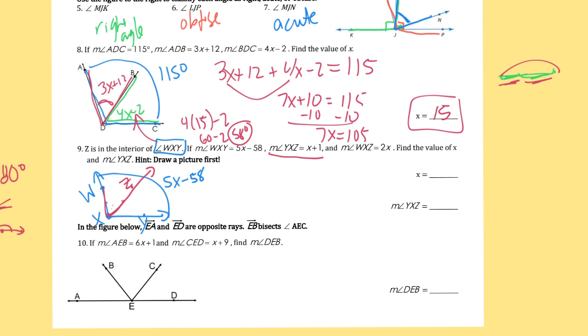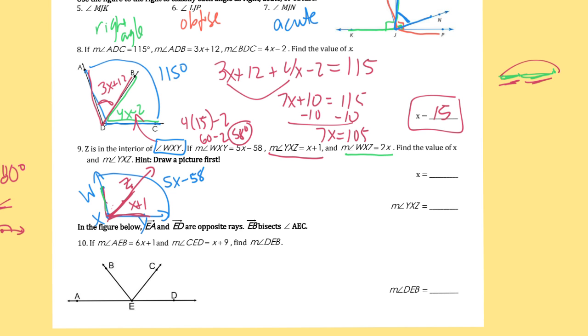It says YXZ. So where's YXZ? It looks like it's on the bottom. So let's try that again. Down here, YXZ is going to be down here, and that's going to be x plus 1. And the other one that they did talk about is WXZ. So where's WXZ?